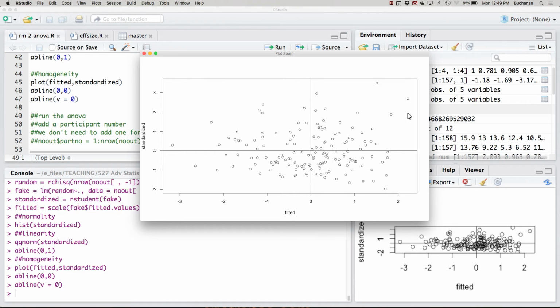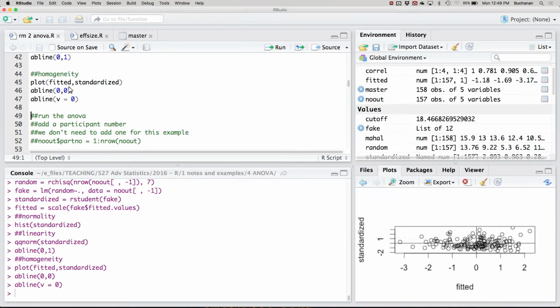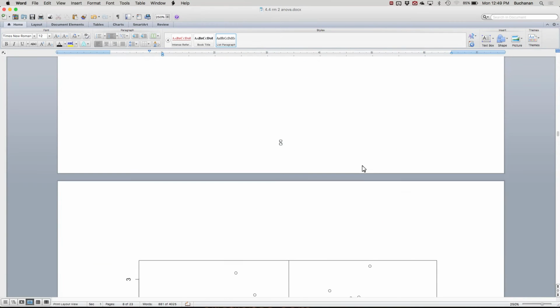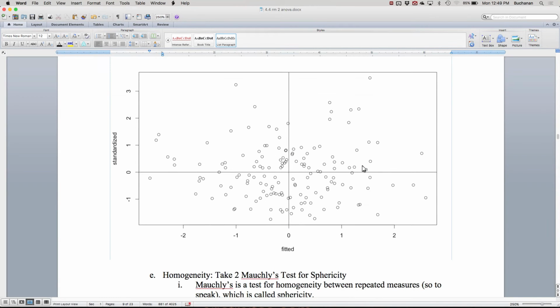But, you know, it's not huge, but I'd say it's kind of problematic. If you want to see one that I would probably consider bad, the one I got yesterday was pretty bad. So the spread here is 0 to 2 probably, but the 2 got cut off. And the spread here is 0 to 3. So that's not good. So I would say homogeneity is questionable.